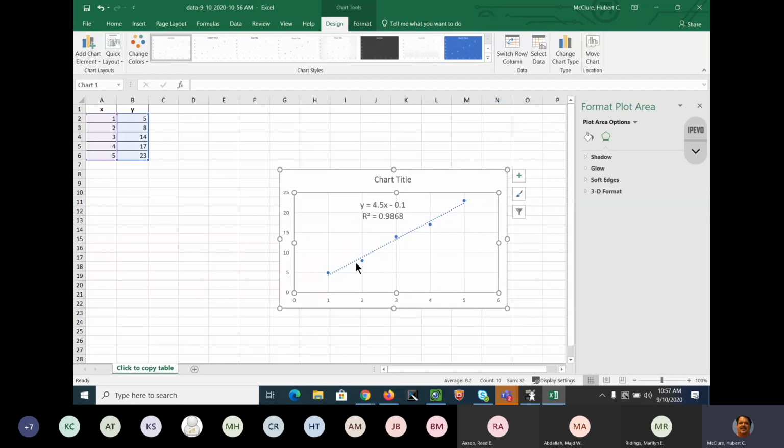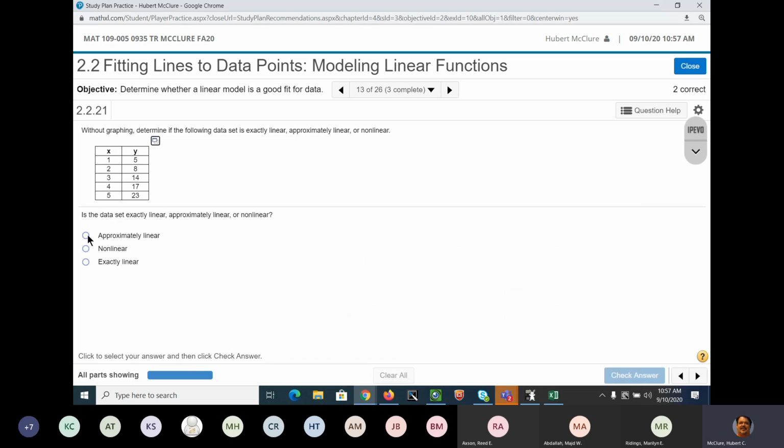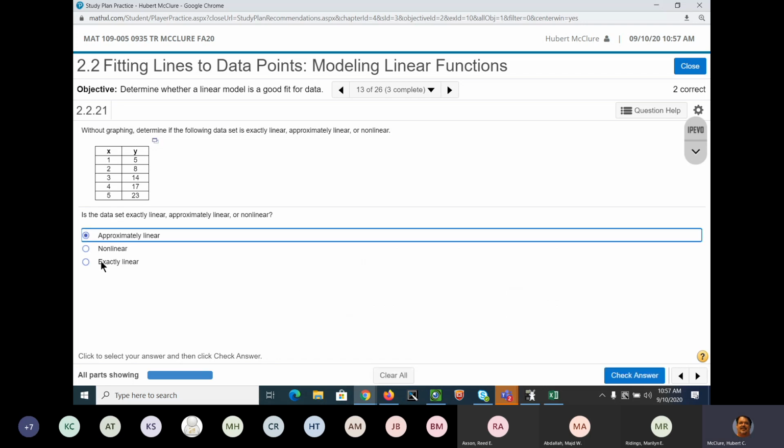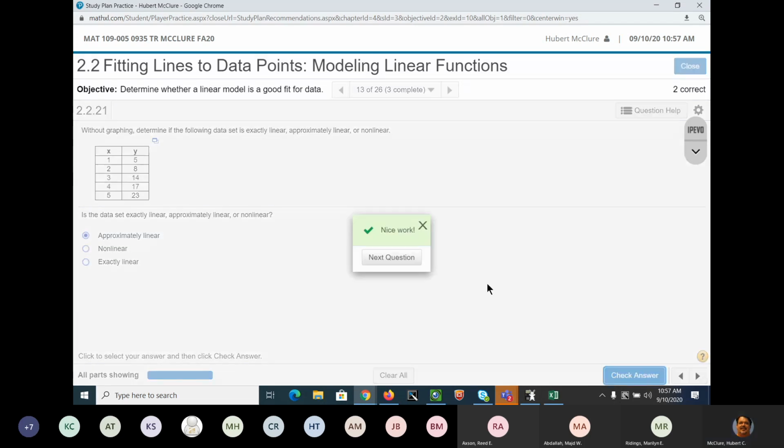So it looks like you got one below, above, below, above, below, above. So let's look at what their options are. Well, it's approximately linear. It's not exactly, because it's not a straight line. So I would say approximately linear. That's all they're going to ask? Okay.